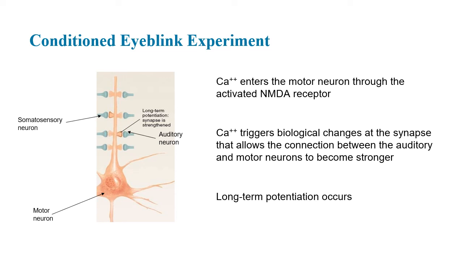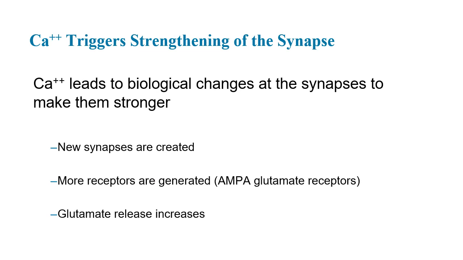Long-term potentiation is essentially what I've been talking about here, where the strengthening becomes stronger when the conditioned neuron, let's call them unconditioned and conditioned, fires at the same time that the unconditioned stimulus does. Okay. Then we get that strengthening, and now we've got AMPA glutamate receptors.